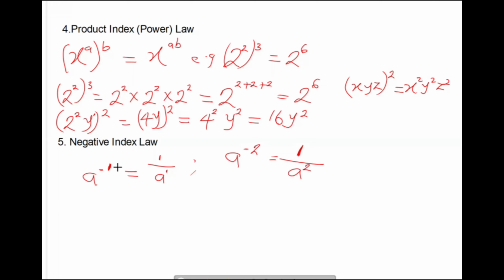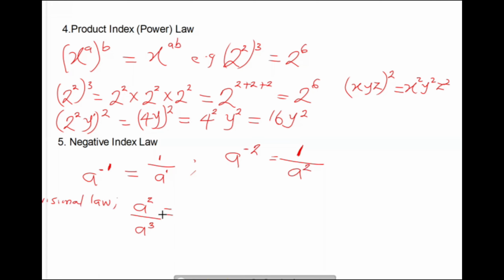Now, this is the trick behind this thing. Let me first pick this, a to the power of minus 1. How do you arrive at a to the power of minus 1? From our division law, let's say, for example, I have a to the power of 2 divided by a to the power of 3.